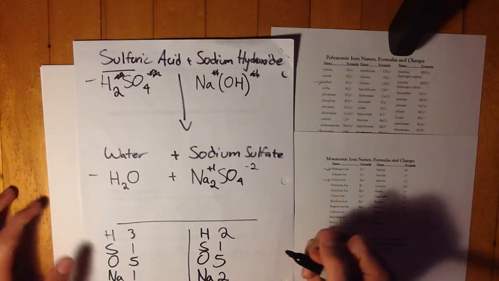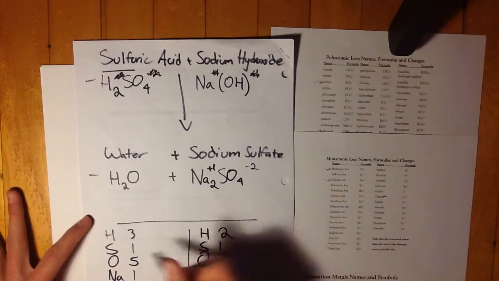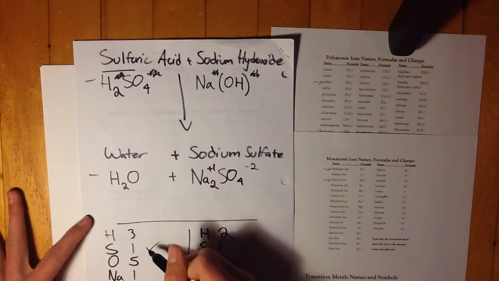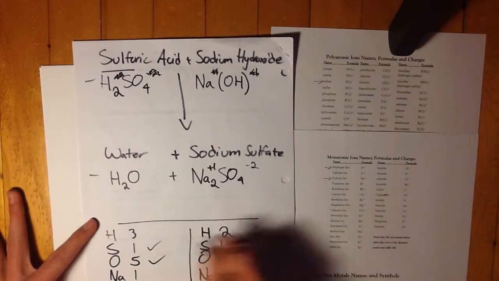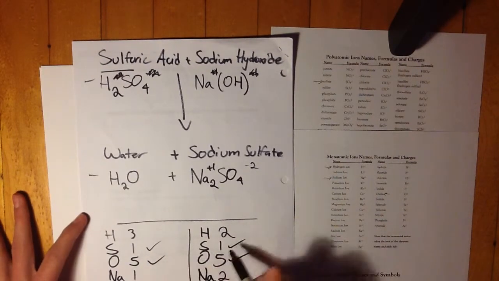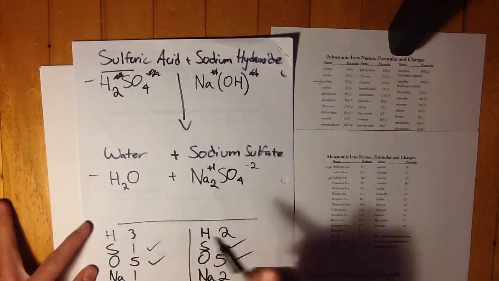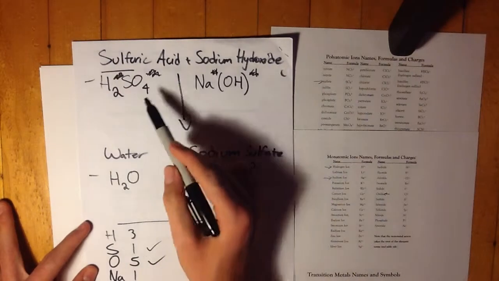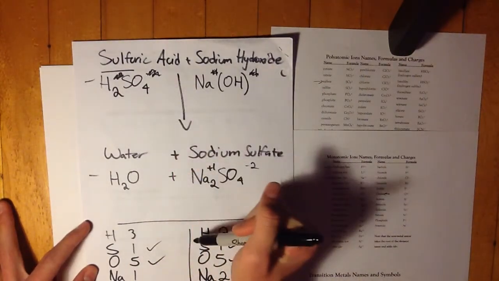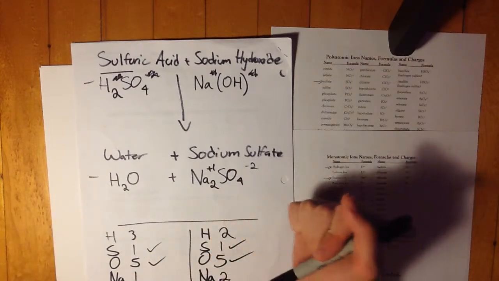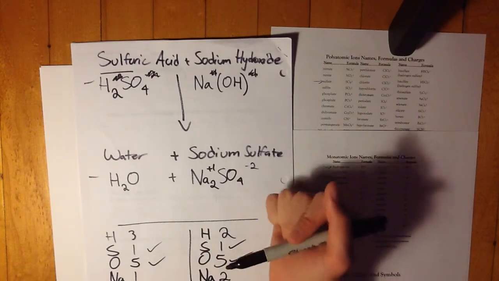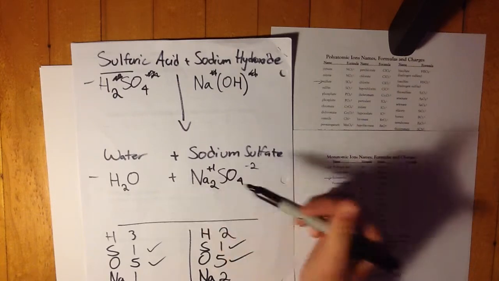So as you can see by this, the sulfur and the oxygen check out, so they're the same numbers here. But the hydrogen at the beginning has more than at the end, and vice versa for the sodium. So now what we have to do is balance these out.